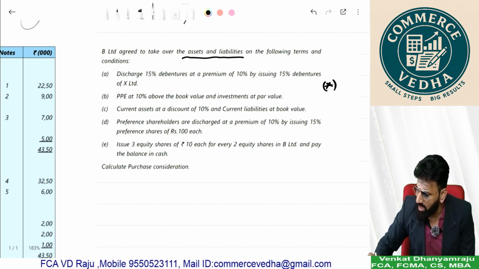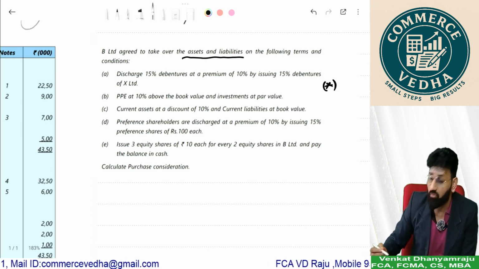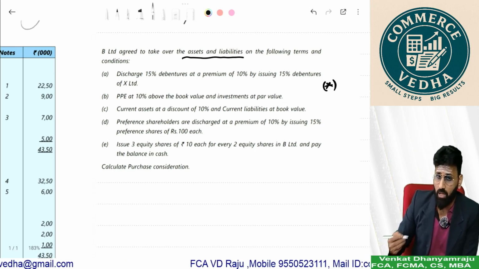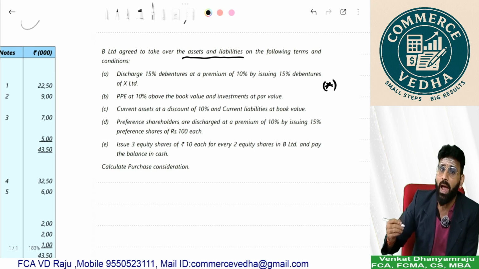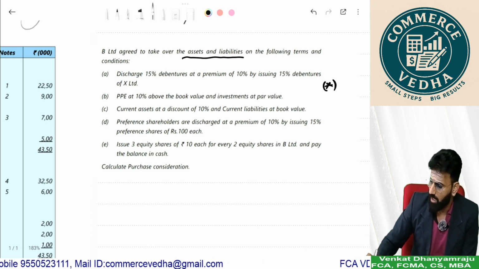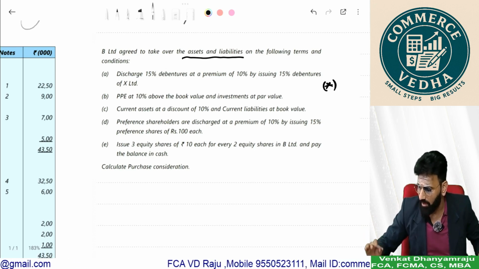Preference shares are discharged at a premium of 10%. So preference shareholders are given whatever the amount due to them, plus 10%, by issuing new shares in B Limited.